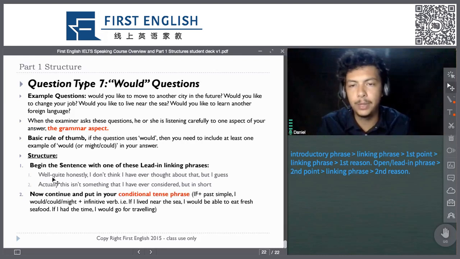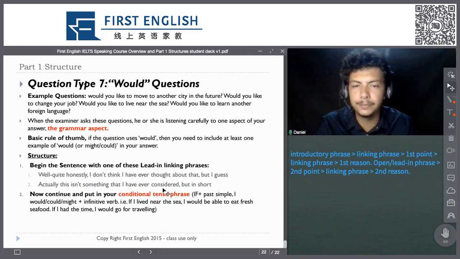So the structure is pretty simple. We're going to begin your sentence with one of these, you guessed it, introductory phrases or lead-in linking phrases. Something like, well, quite honestly, I don't think I've ever thought about that, but I guess, actually, this isn't something that I have ever considered.